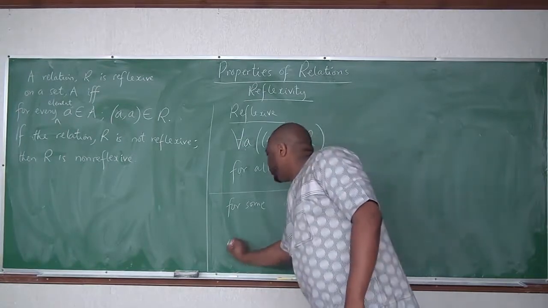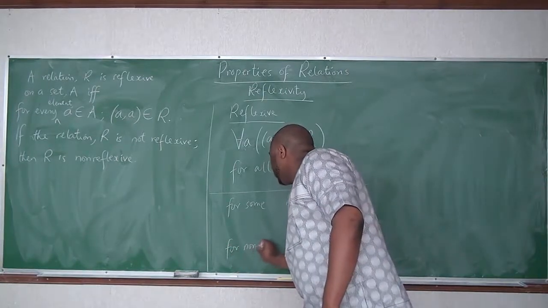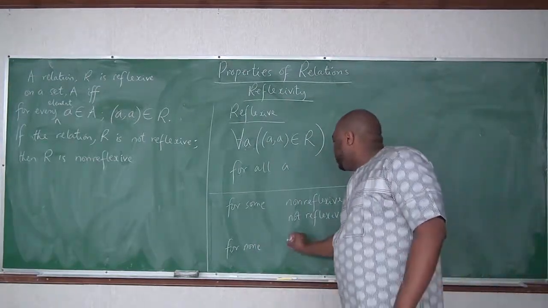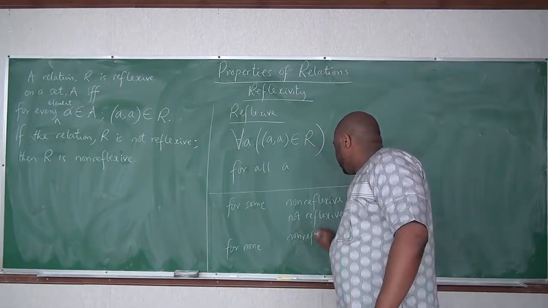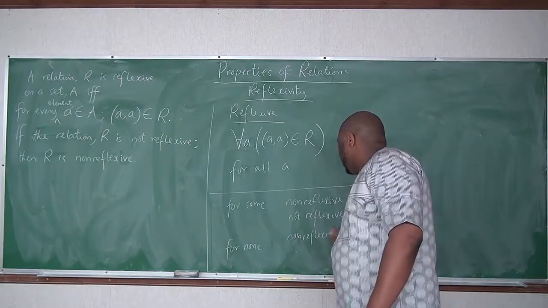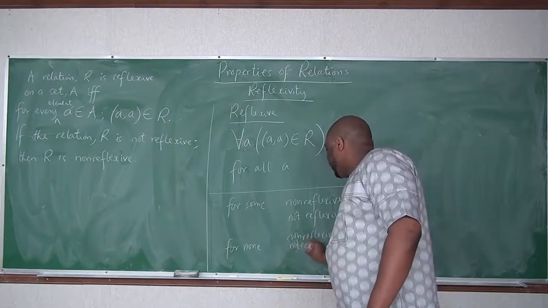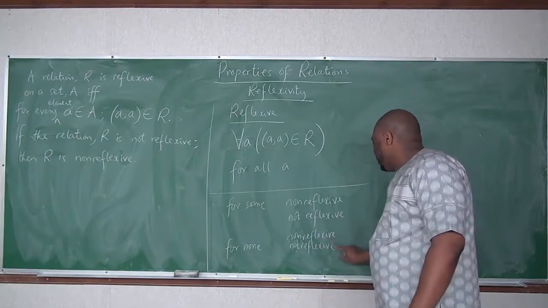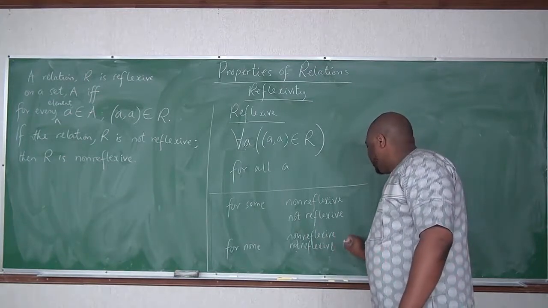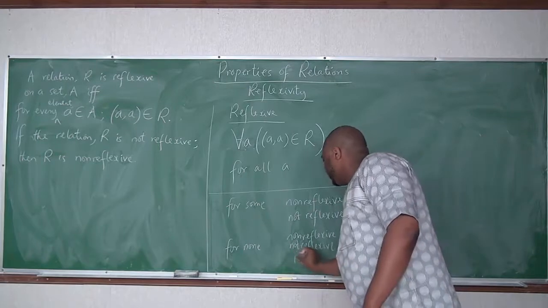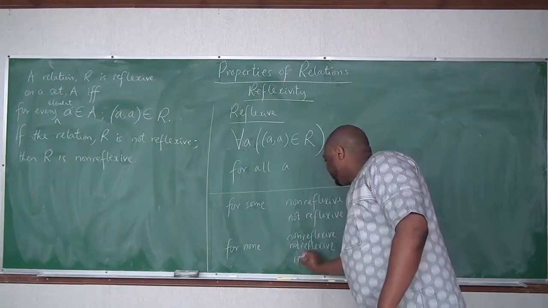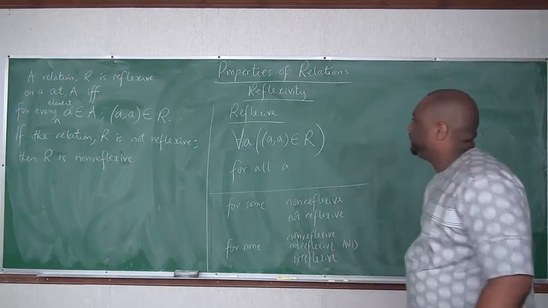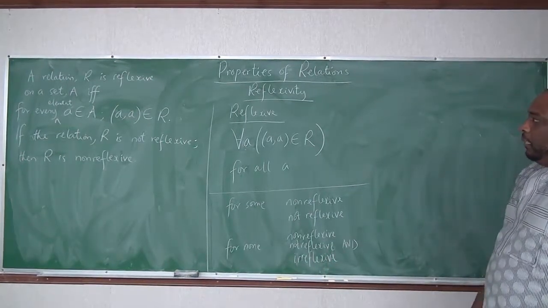Now, for none at all, when we say it is none at all, it is still non-reflexive, or not reflexive, and also irreflexive.